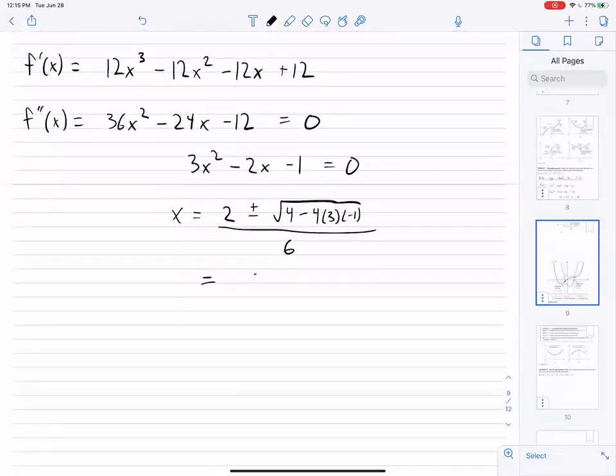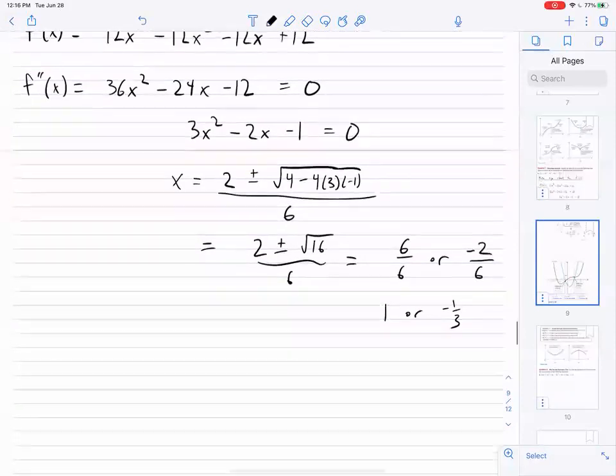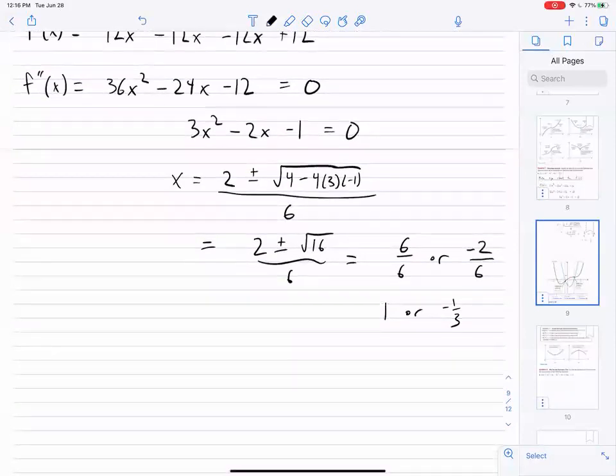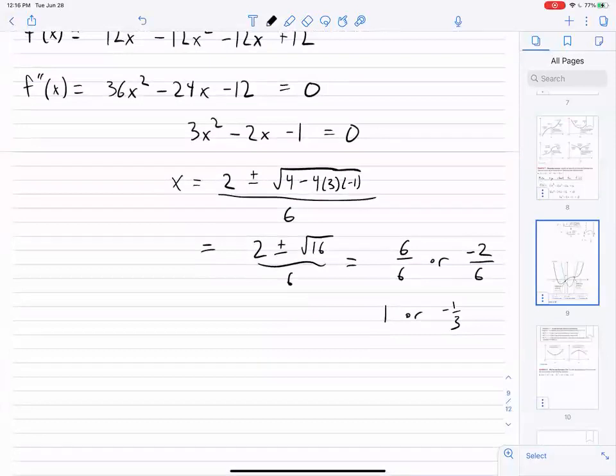So it's 2 plus or minus the square root of 16, all over 6. When it's plus, it's 6 over 6, and when it's minus, it's negative 2 over 6. So 1 or negative 1/3. Those are our possible inflection points, and that's what we're going to put on our sign chart.